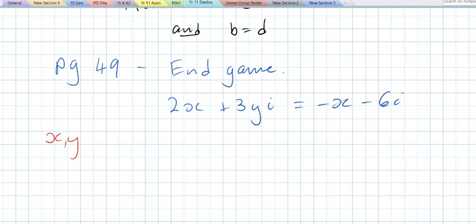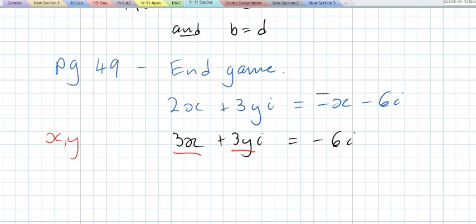So it becomes 3x if we bring this x over, plus 3yi equals minus 6i. Okay, now the real part on the left is 3x, and the imaginary part on the left is 3y.